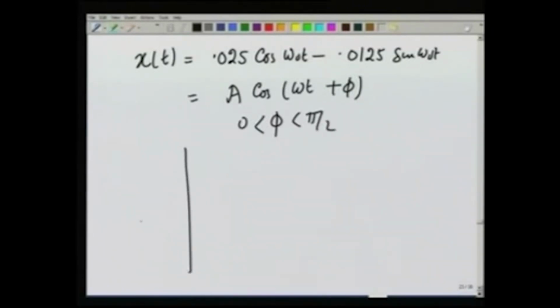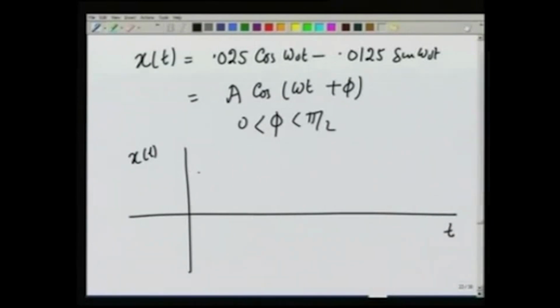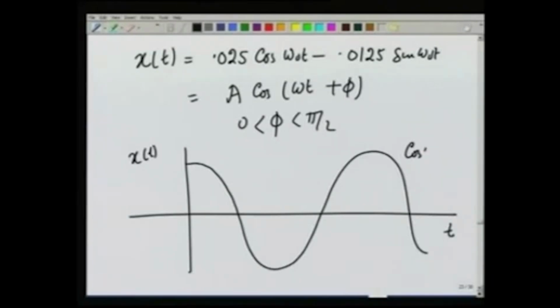It will look like this; I am plotting x(t) versus t. At t equal to 0, the function has already achieved what it would have achieved a little later if the function was pure cosine omega t. So cosine omega t looks like this.